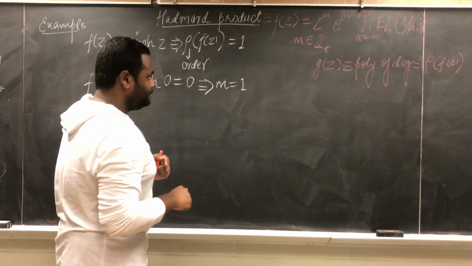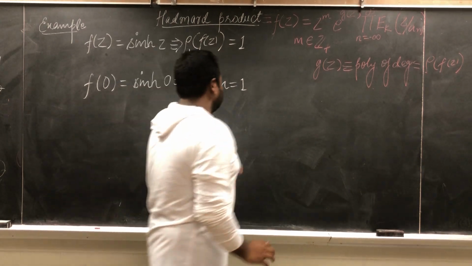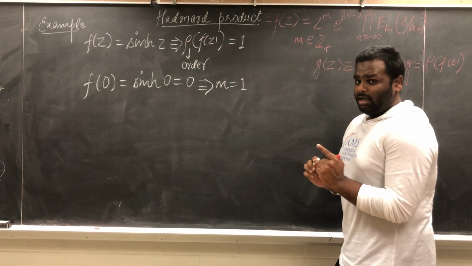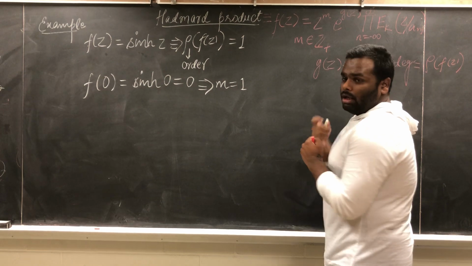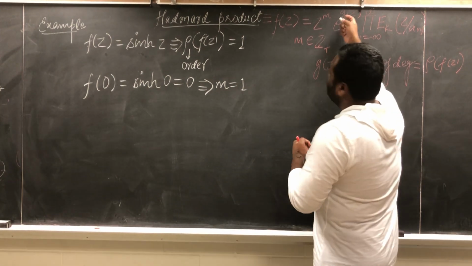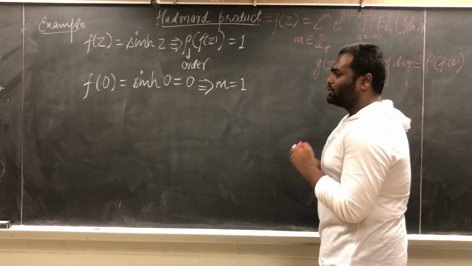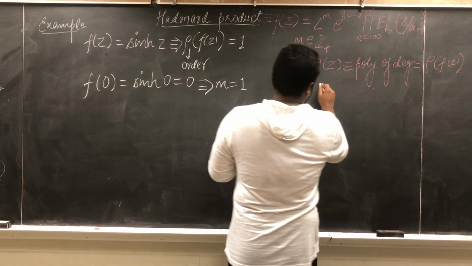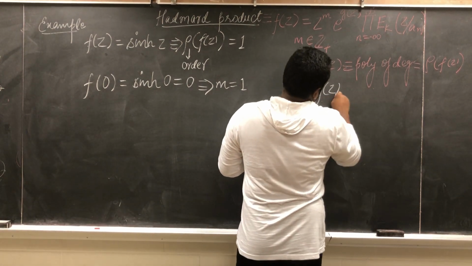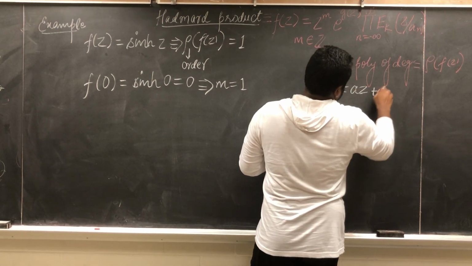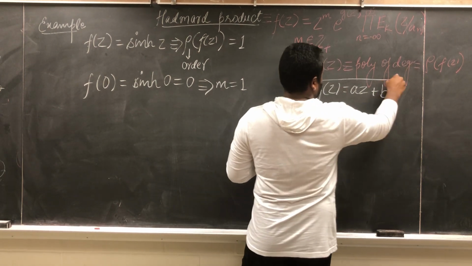Okay? Now, this means that g, which is the polynomial present on top of the exponential term, has to be of linear order, right? So therefore, g of z equals az plus b.